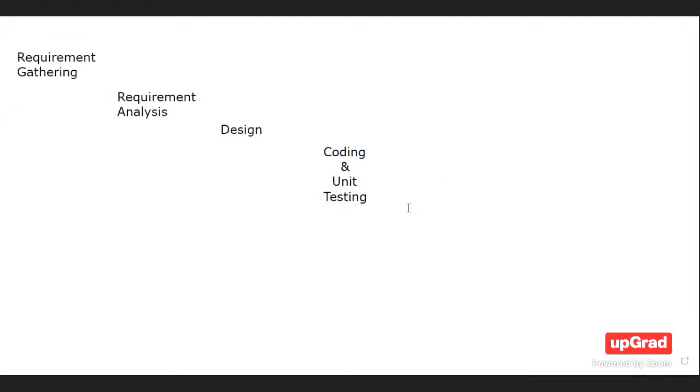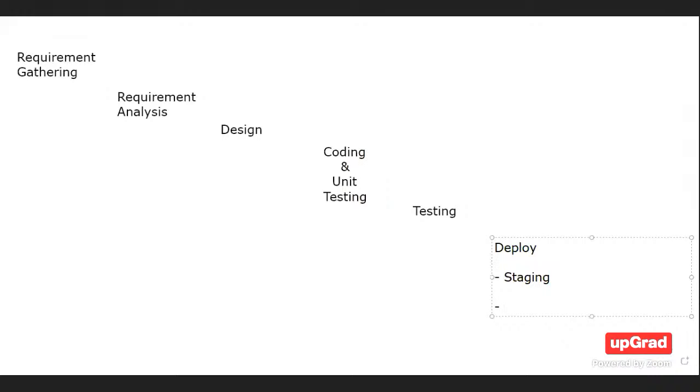After that, we have the testing phase. And then finally, we deliver or deploy. During deployment, there can be several stages. You deploy on a staging server first, which is a client-like or production-like machine, but within your control.